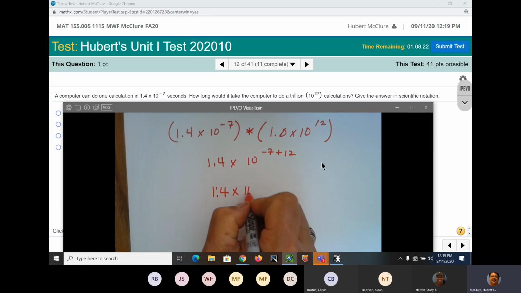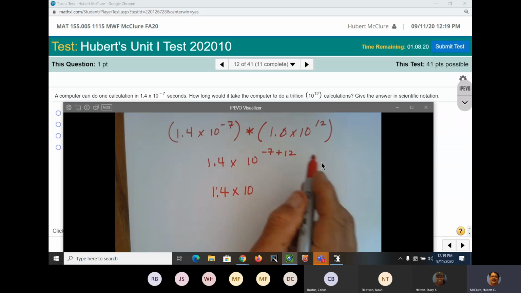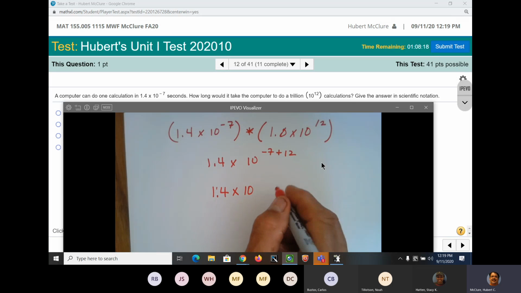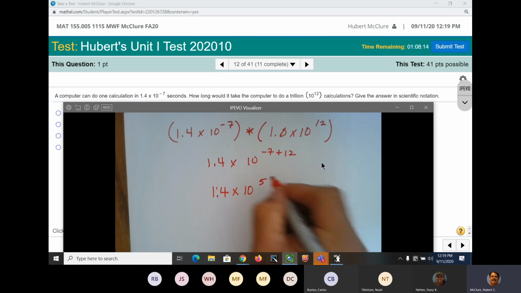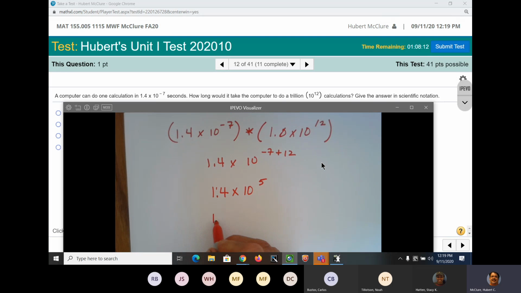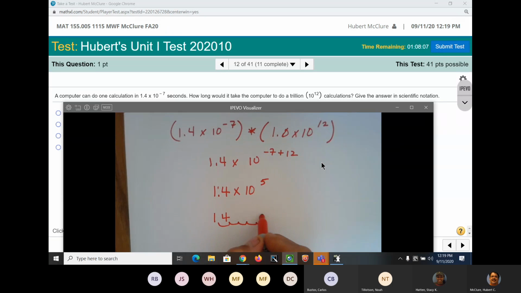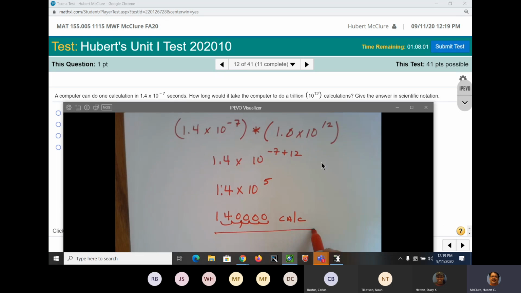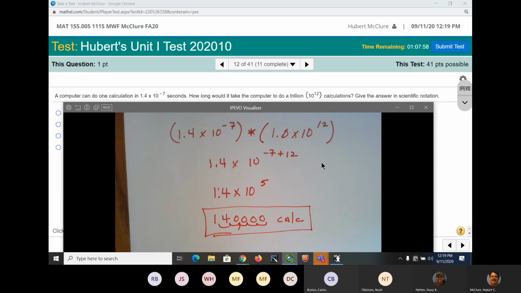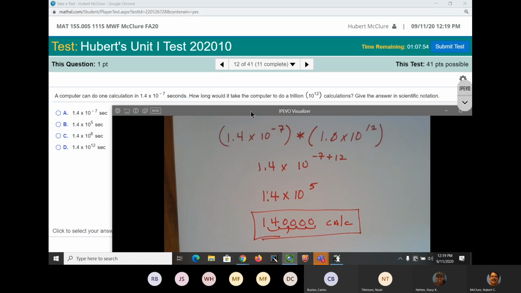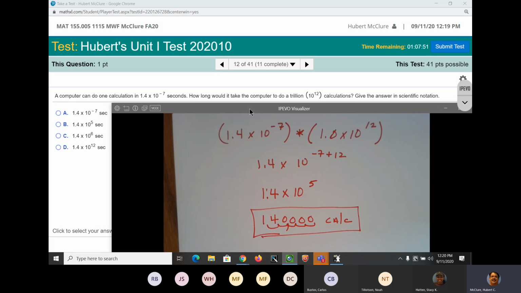What is -7 plus 12? Plus 5. So the computer can do 140 million calculations. So that comes out to be 1.4 times 10 to the 5th.